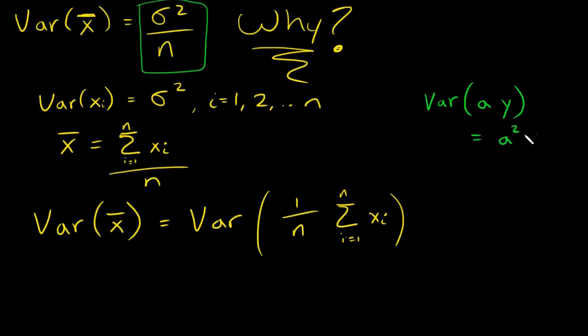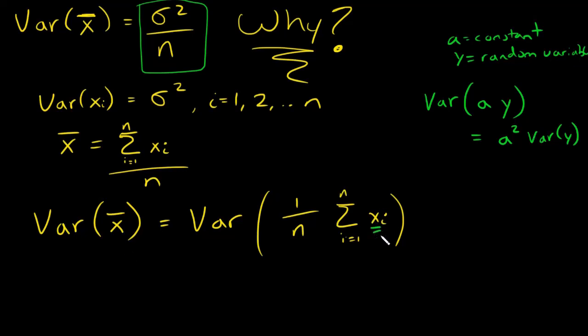That constant comes out, and when it comes out, it gets squared. Here a is a constant and y is a random variable. So we're going to use that.